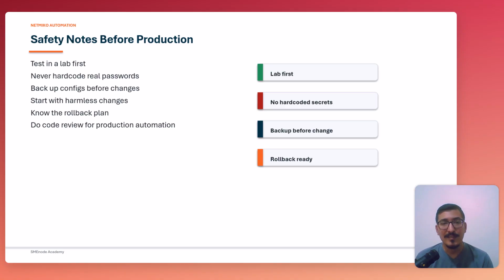Before production, test in a lab, back up configs, review the command list, start with a harmless change and a tiny device scope. Know the rollback before you push. For team use, scripts belong in Git. And production changes need review. Treat network automation like change control because that's what it is.